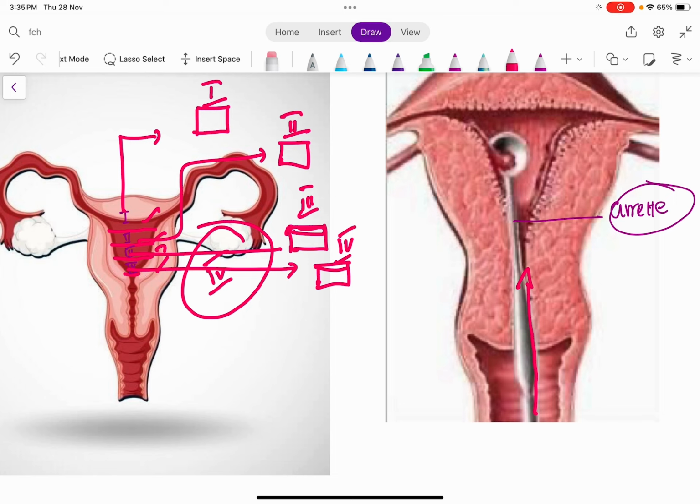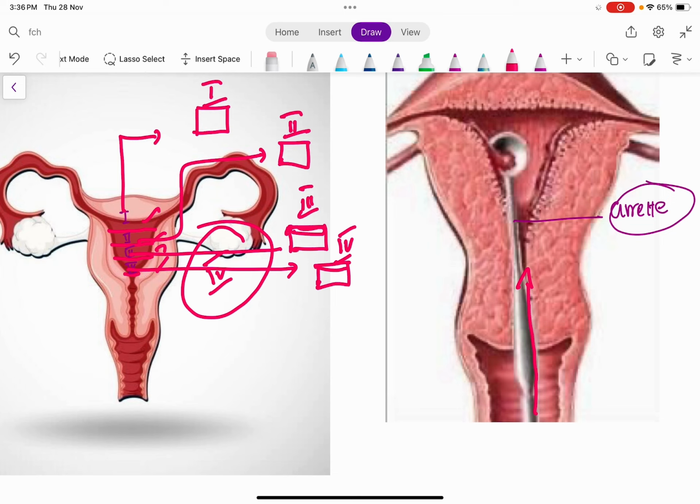So separate the fractions, scrape the tissue from each fraction of the uterine cavity, put it in a separate bottle which is sealed and labeled, and send it for histopathological examination. This is what is called fractional curettage. You divide the uterus into fractions, curette each of the fractions, and keep each in a separate, properly sealed and labeled bottle and send it for histopathological examination.